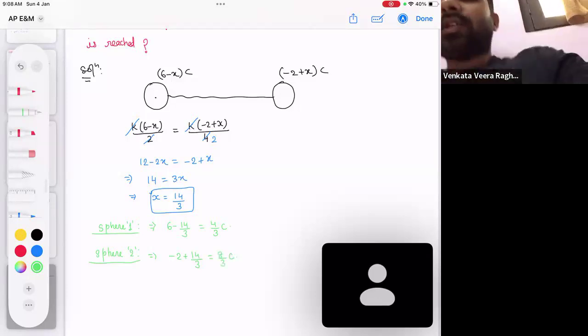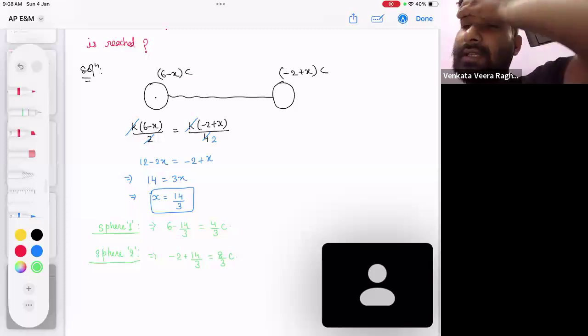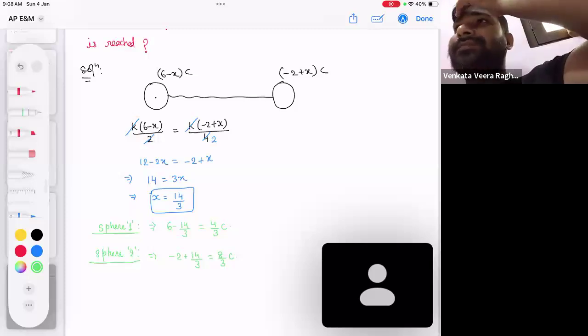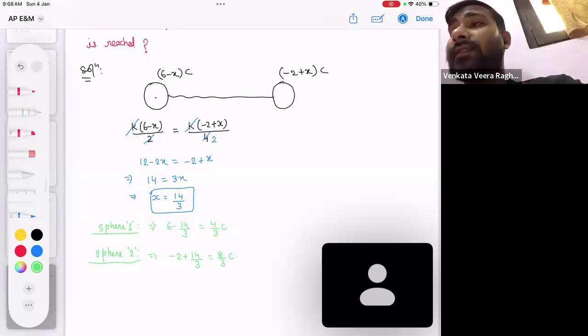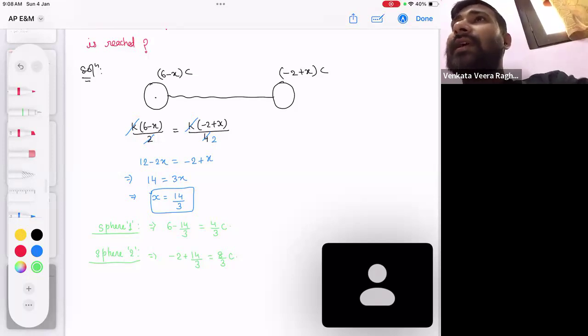Understood? So in electrostatic equilibrium, what happens? If a conductor is given, then the conductor surface acts like an equipotential surface. That is one thing about electrostatic equilibrium.